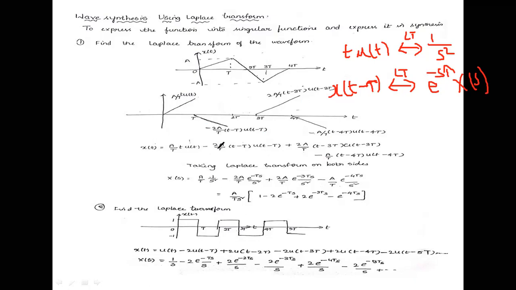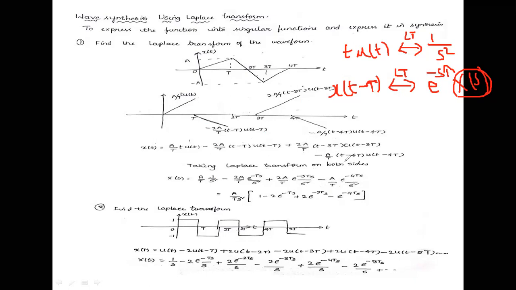So see here, minus 2a by T is a constant, and I wrote the 1 by s square because X of s is the ramp, but it is shifted by T samples, e power minus s into T. And the third term, 2a by T, 1 by s square, because it is the ramp function only, but shifted by 3T samples, so e power minus 3T into s.